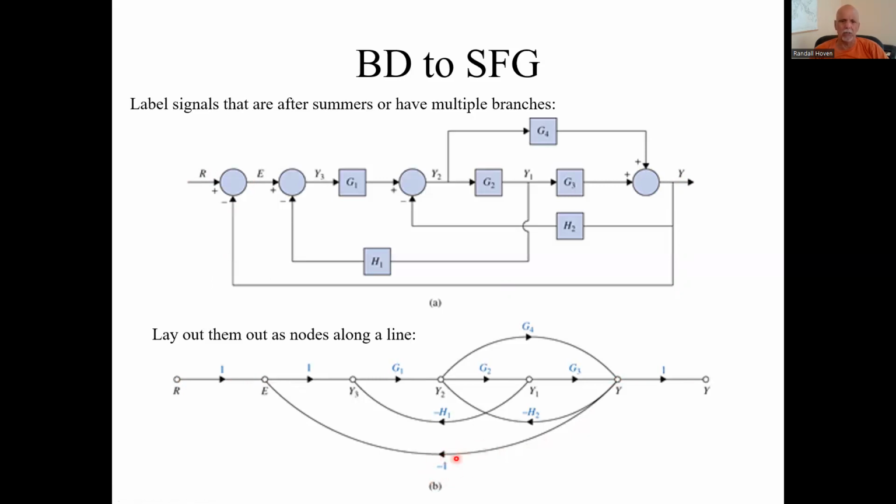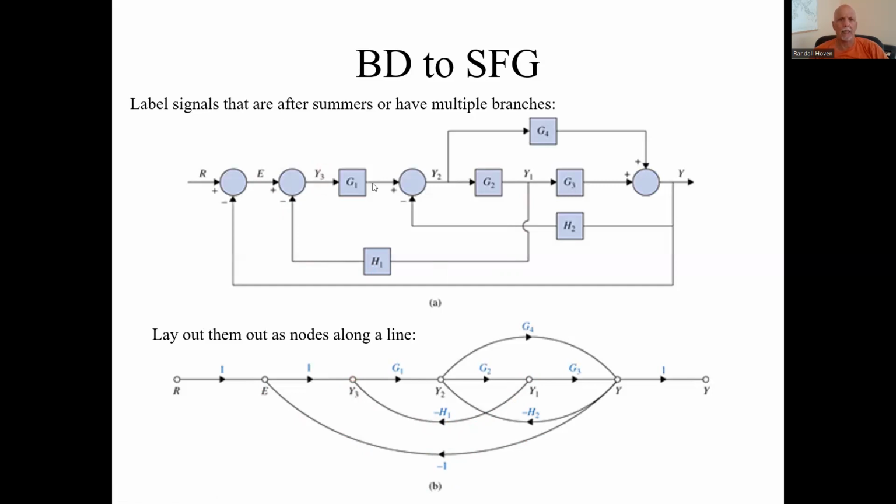So you need to label this process here, this line, with a -1. That's what E is. What is Y3? It is E minus H1 Y1. So we need to pick off Y1, multiply by minus H1, and that goes into Y3.